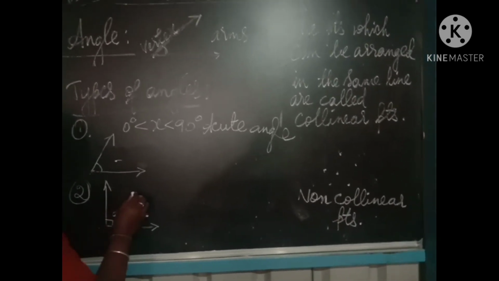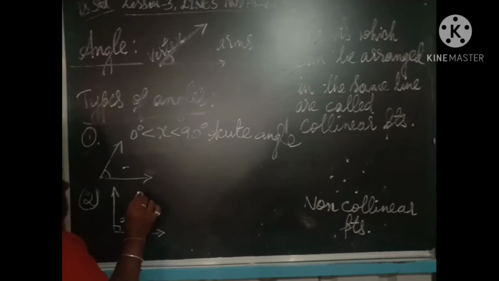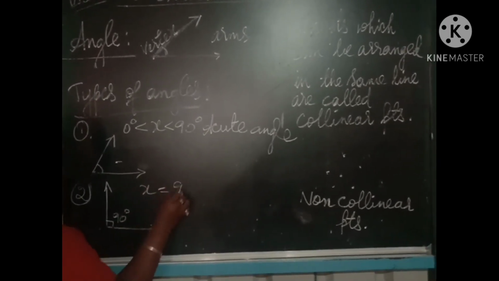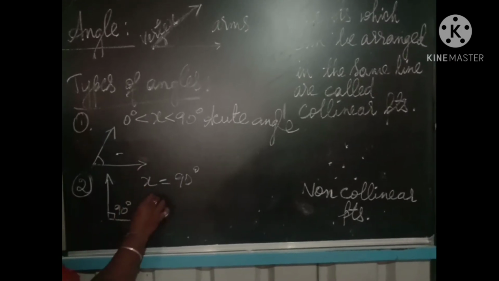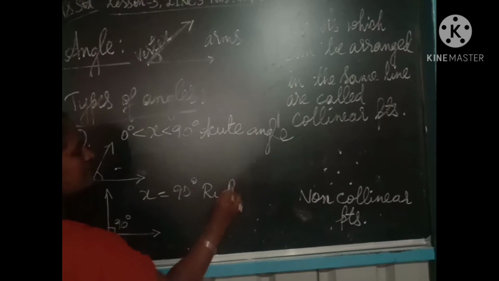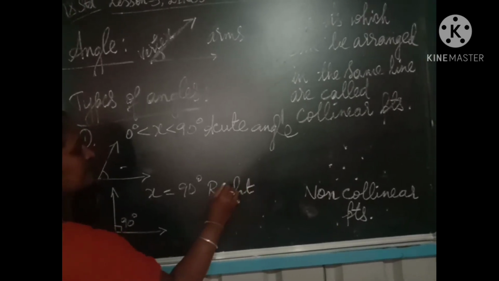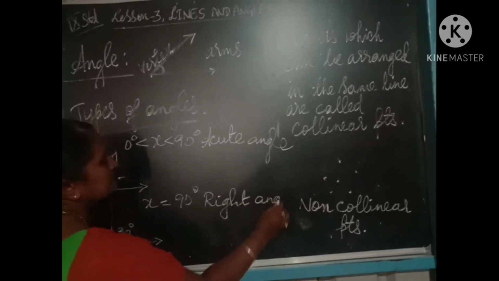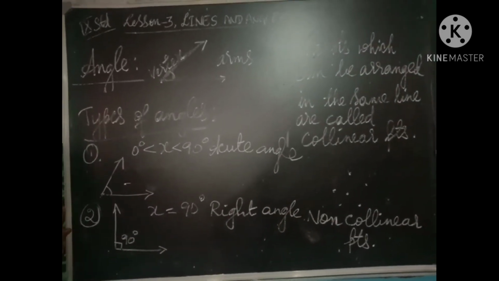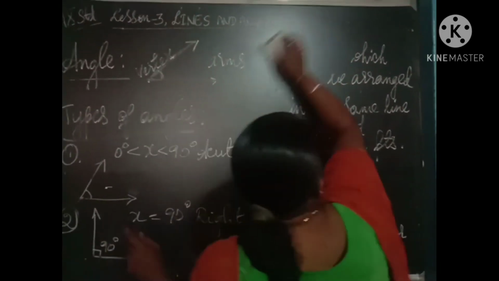That means an angle whose measure is equal to 90 degree is called right angle. Okay children.